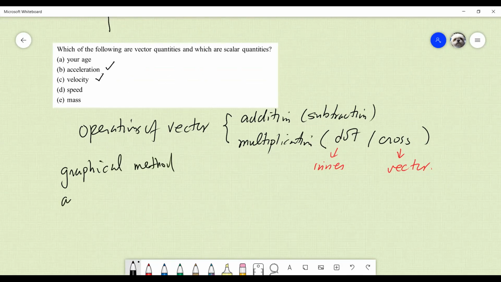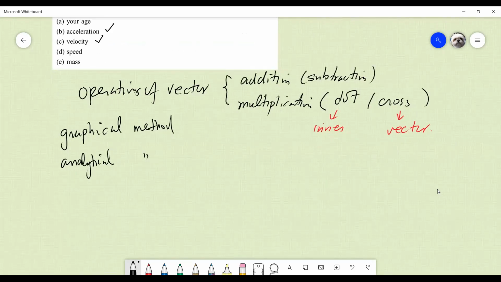Or we have an analytical method, which means we use calculation to find the answer. Now, first, I have two vectors, A and B. How are we going to add them? The way we add them is the so-called tip-and-toe method.